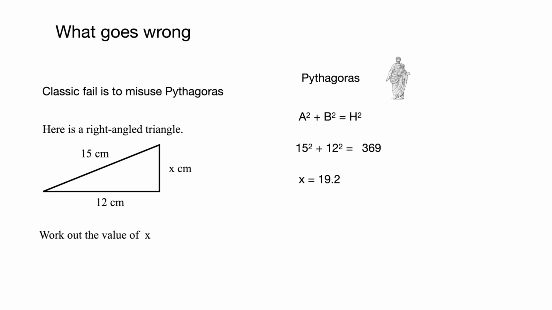I'll take the square root of that, x equals 19.2. Now you can do that, but it would be wrong, obviously, because what you've confused is what h is. The hypotenuse. You've just treated these as if they are the other two sides, and this is the hypotenuse. And that's why I say when you start to think about a question, the first thing you do is you mark h over here. It wouldn't go wrong.